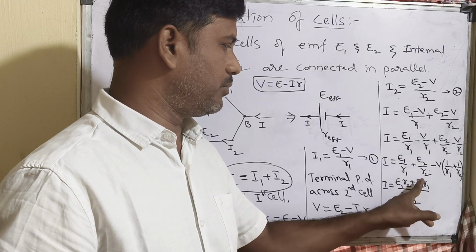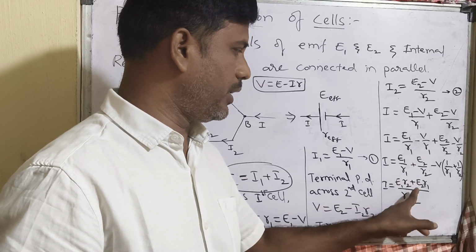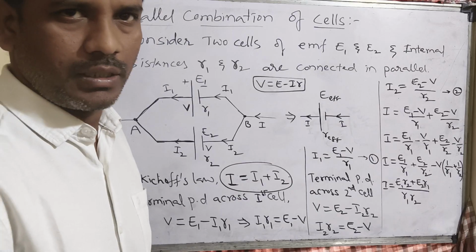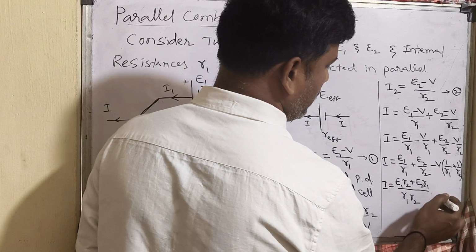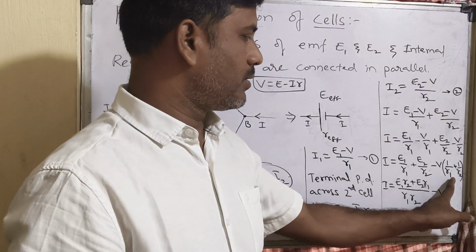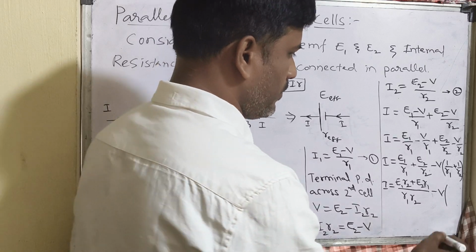Plus E2: here R2 is there but R1 is not there, so that's why E2 into R1, divided by R1 R2. Clear? Right. So minus V into, here also the same, R1 R2 take as LCM.